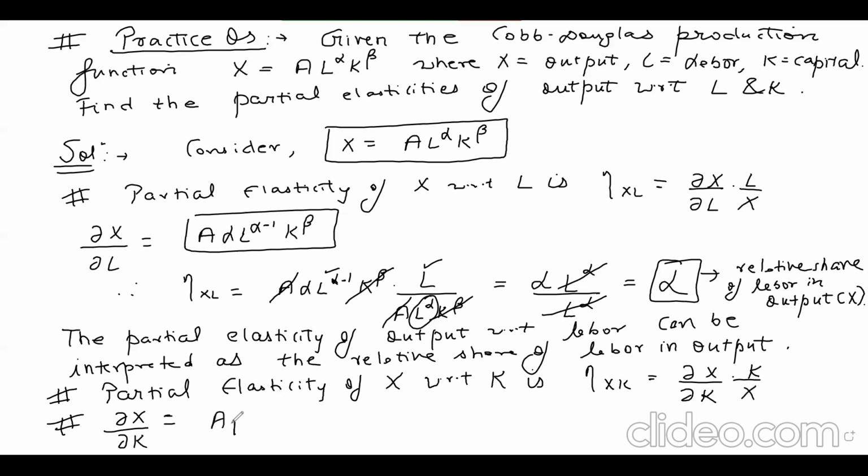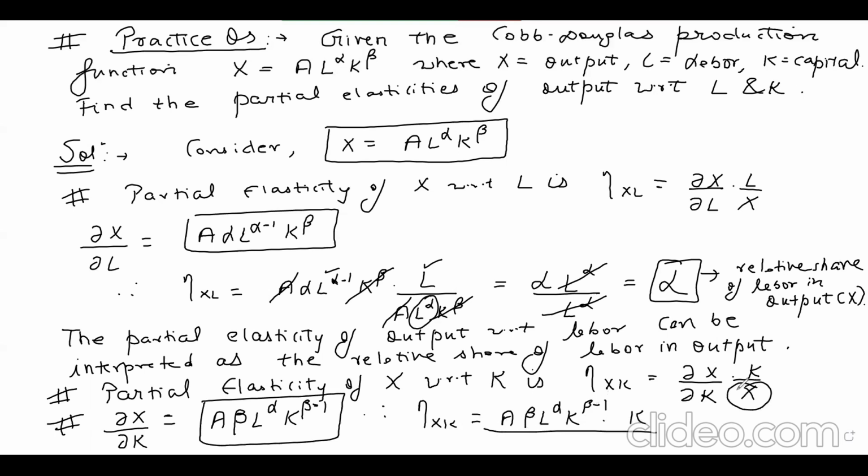I get A beta L to the power alpha K to the power beta minus 1. So therefore, eta XK is del X by del K, this whole term. I can just plug it here: A beta L^alpha K^(beta minus 1) times K over, what is my X? X is nothing but my production function, A L^alpha K^beta.